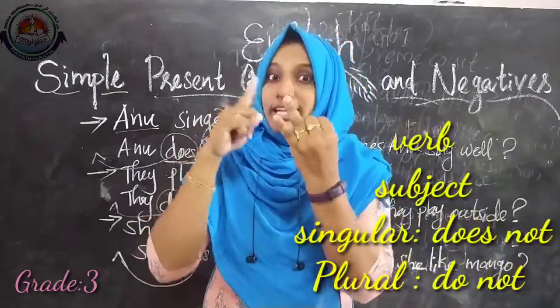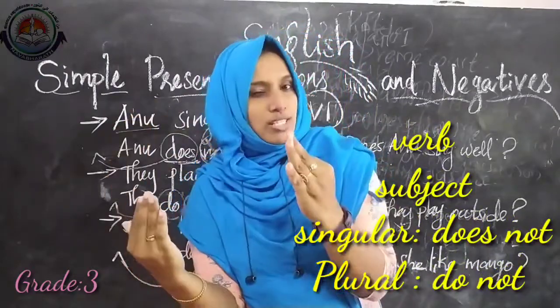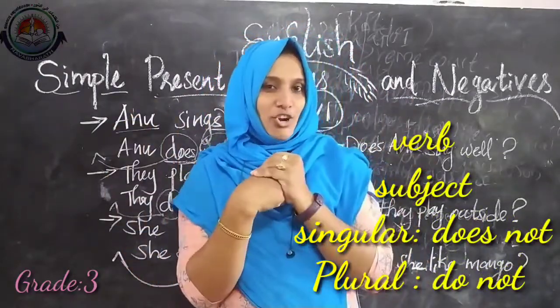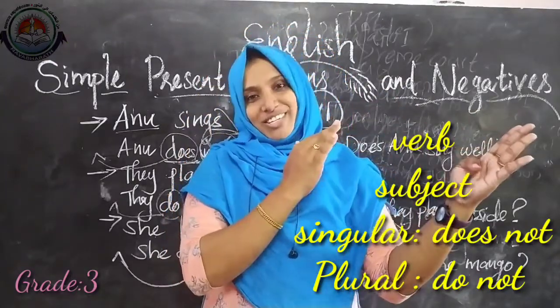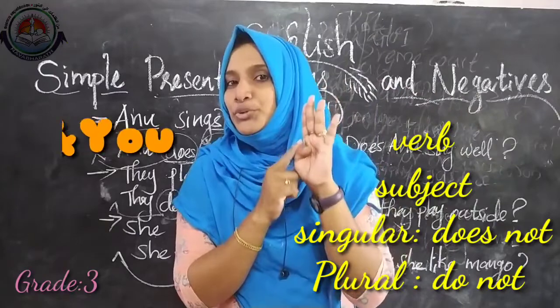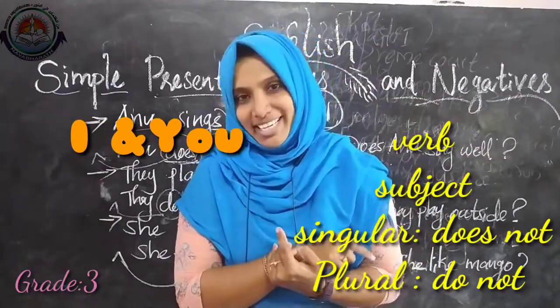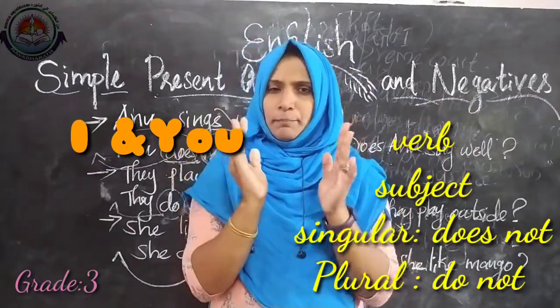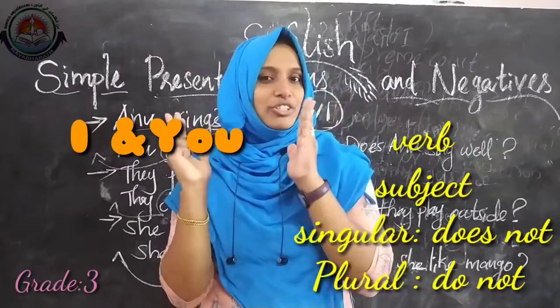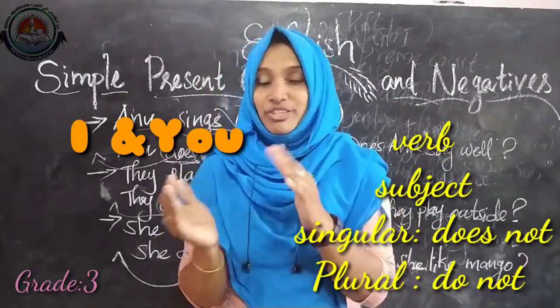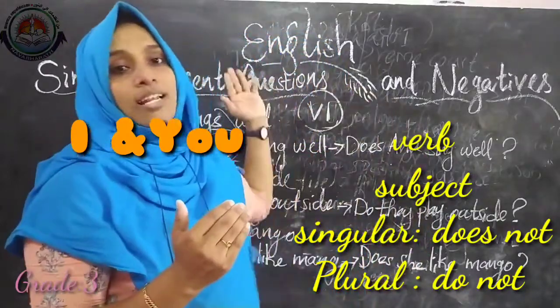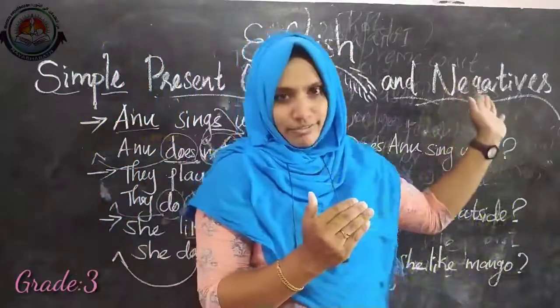Find the verb, find the subject, and if the subject is singular, we will use does not. If the subject is plural, we will use do not, except in the case of you and I. So children, these are the important 5 rules that you should take care of when changing the simple tense into its negative form.